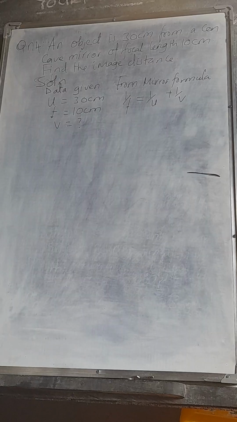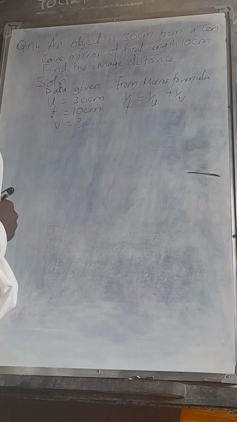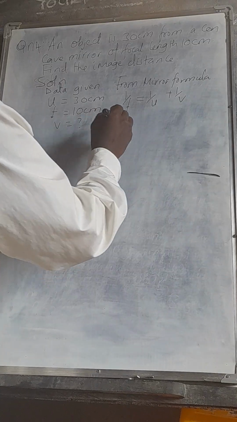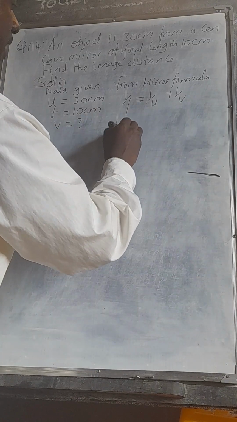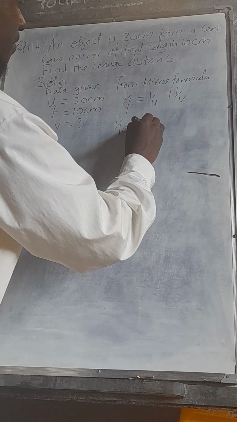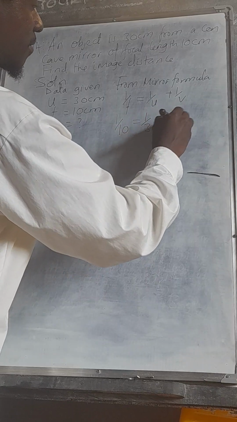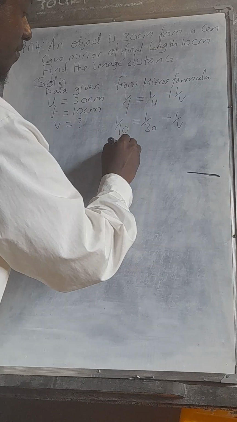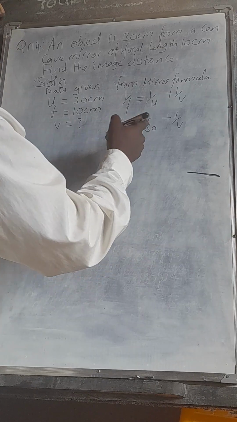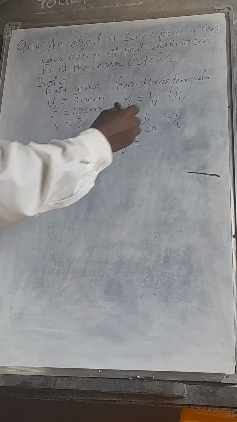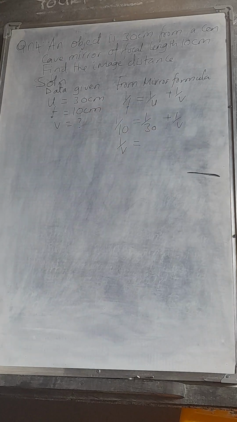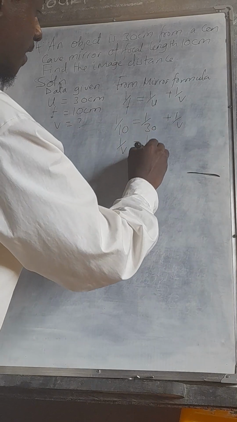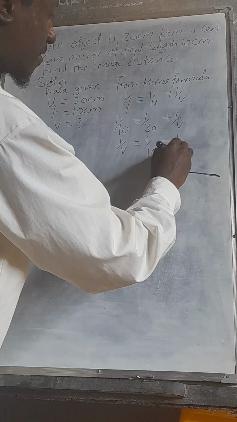So now we can say 1 over 10 is equal to 1 over 30 plus 1 over v. For 1 over v, if 1 over 30 goes to the other side, it will be 1 over 10 minus 1 over 30.